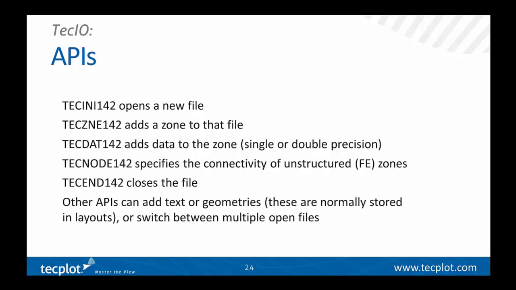In the case of DLLs on Windows, when you go to launch a program, Windows will search, among other things, all the directories you list in your path environment variable. If you've installed earlier versions of Tecplot, it could pick up an older version of TechIO and wind up confused. So I would recommend that whenever you're coding, you always use the latest version number on all of the TechIO functions.